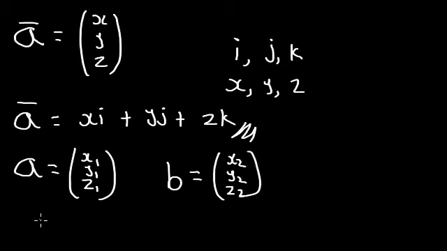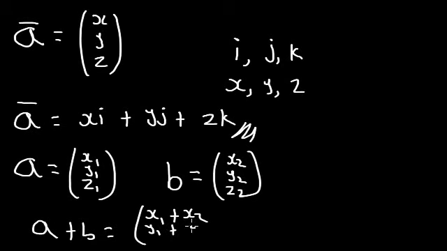If you are to compute vector A plus vector B, then all you are meant to do is to add each of the corresponding coordinate values. So this will simply be x1 plus x2, then y1 plus y2, then z1 plus z2. And that will be your final answer.